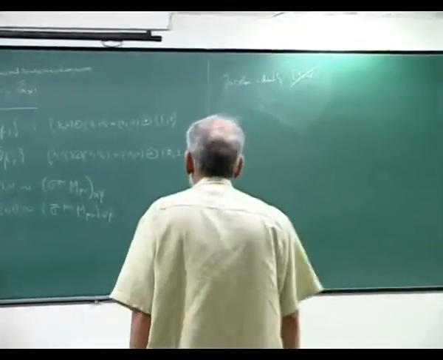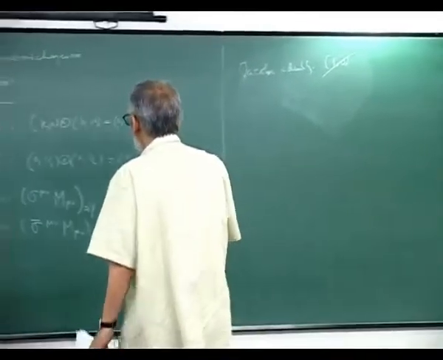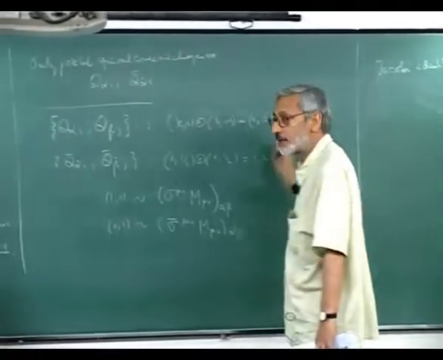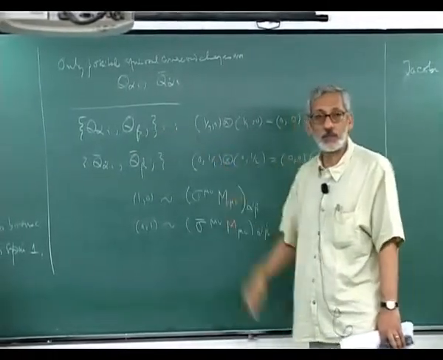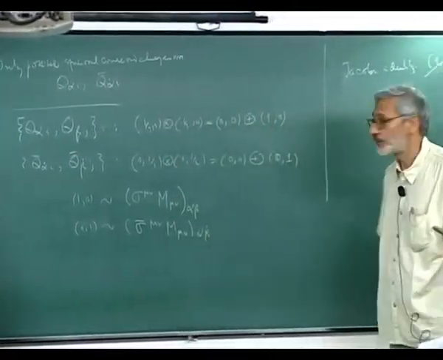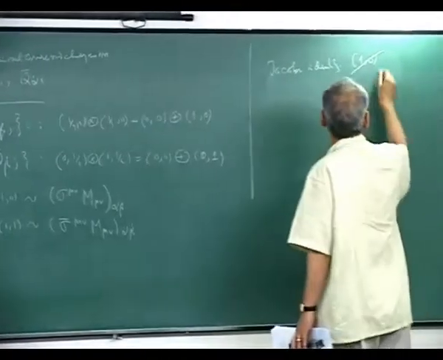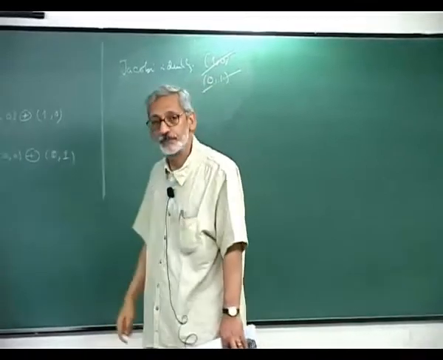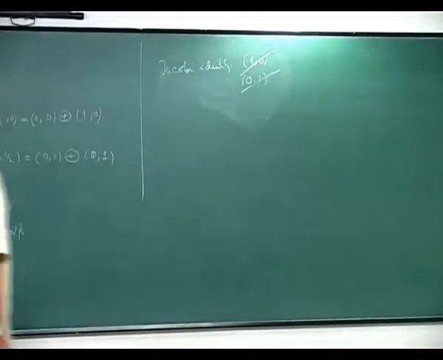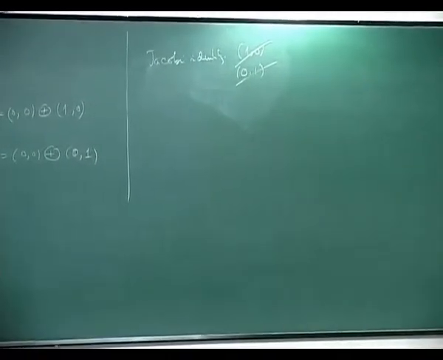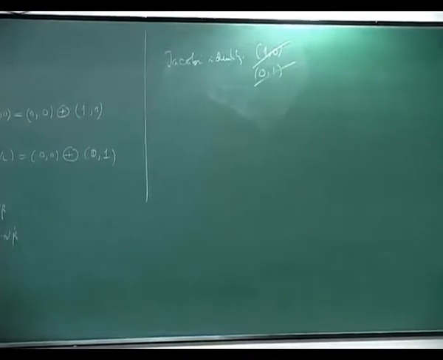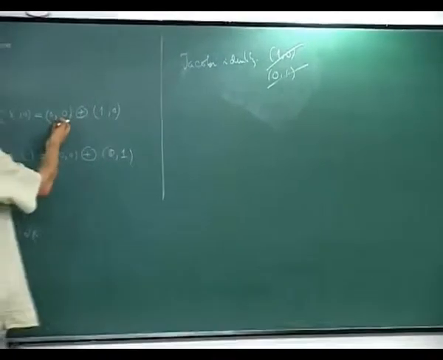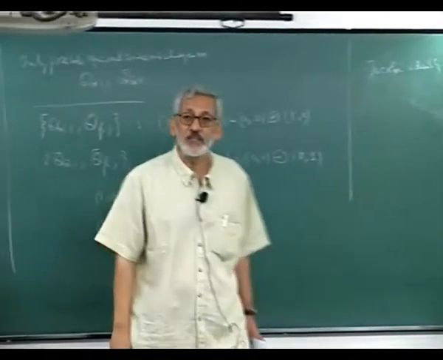Which means the Jacobi identity does not allow this charge to be in this anti-commutator. Similarly, this charge. So that leaves us the possibility of only these Lorentz group trivial representations.